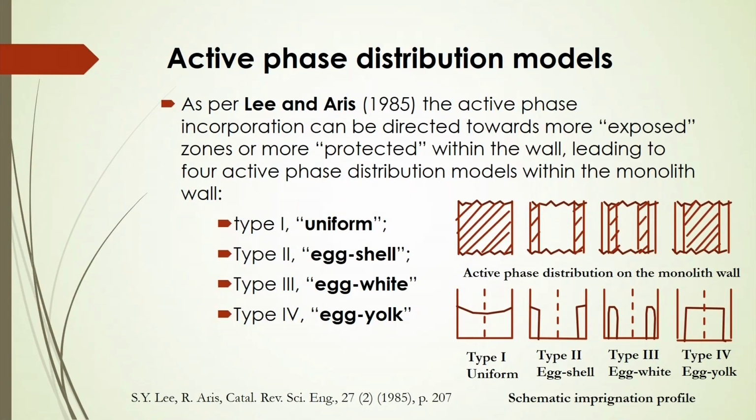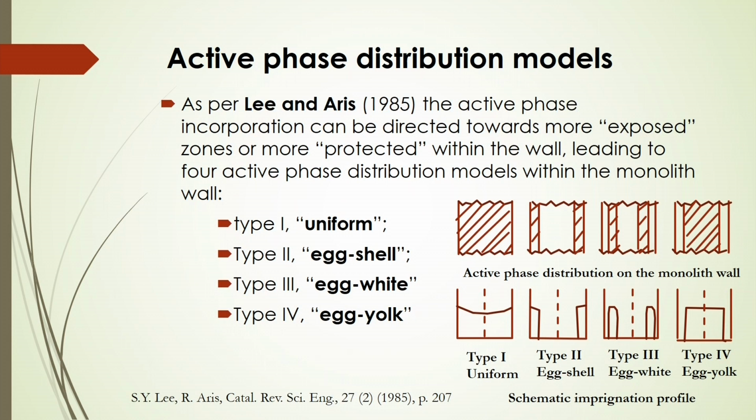As per the structure given in this slide, these are the active phase distributions on the monolith wall. In this figure, you will see how the active phase distribution can be done in the monolith wall. There are 4 types, like type 1, type 2, type 3 and type 4.